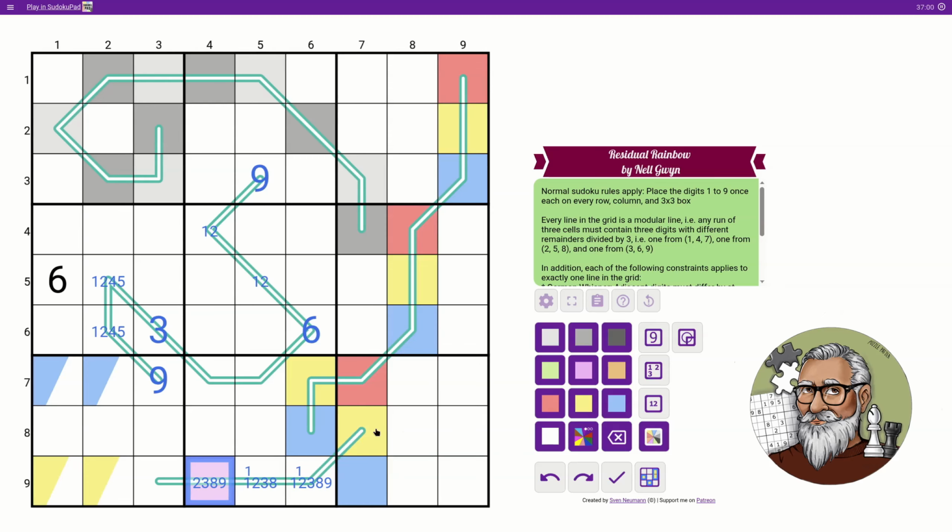If this is 9, this would be 3. 3 would have an 8 and 1. Does this have to be the 1? I think so, because if this is 1, then this is 7 again, isn't it? And then 7 would need 2, and this would have to be 8, and that's not possible. Right, so this one can't be 1 either.